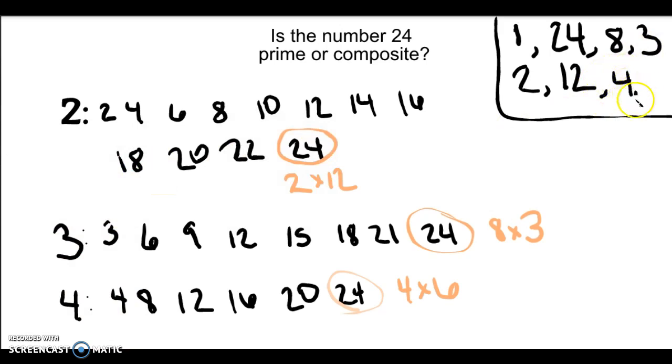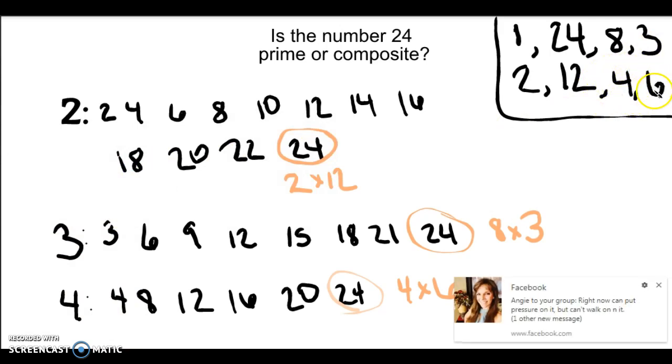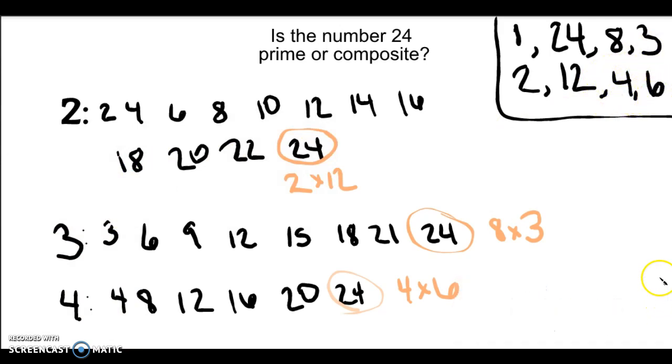Now this factor box is getting awfully full, but luckily we're almost done. And I can tell we're almost done because the next number on our list would be 5. Well, I'm really good at skip counting by 5s because I learned it a long time ago, right? And I know that if I skip count by 5s, every number I land on either ends in a 5 or a 0, right? 5, 10, 15, 20.